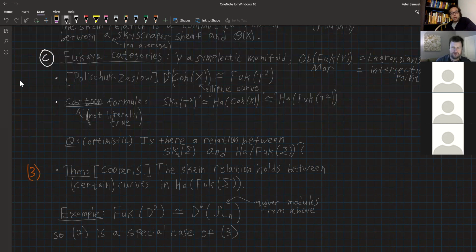Did you ask a question about the other side of mirror symmetry, between the Skein algebra of the surface and the Hall algebra of coherent sheaves over whatever the mirror of sigma is? Oh, the thing is, on the mirror side, I don't really know how to interpret these curves. The curves that you get are singular and kind of complicated. And I'm not comfortable enough with algebraic geometry to really have a nice interpretation of what the Skein algebra on that side would be.